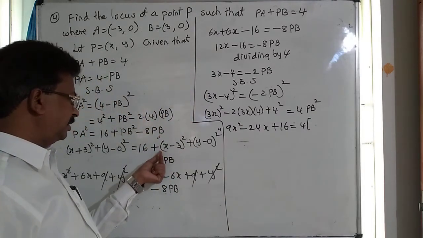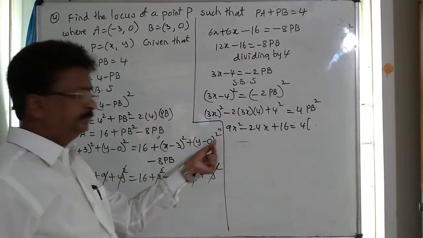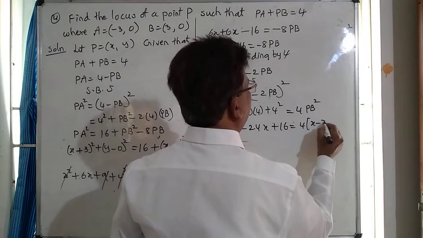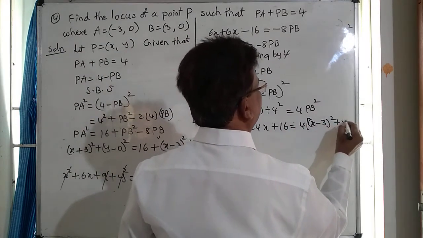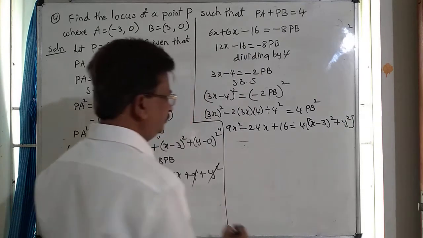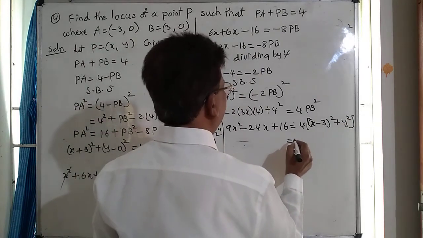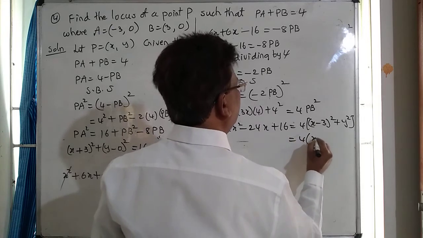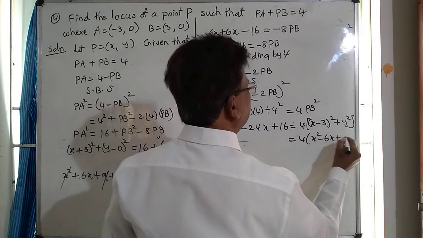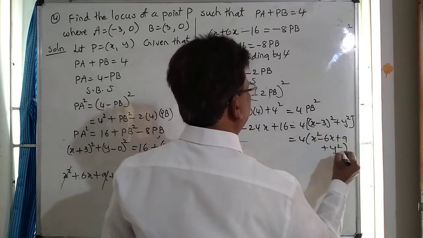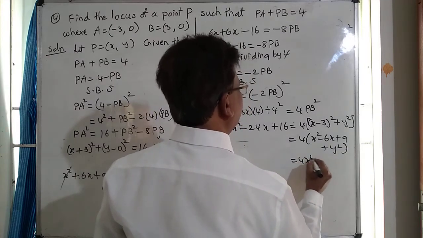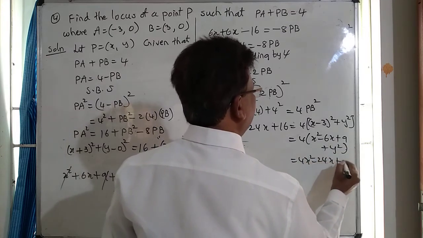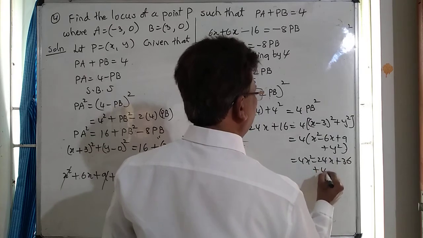You can see here, this is PB square value: x minus 3 whole square plus y square. Okay, now right side, we have to simplify the right side. 4 into x square minus 6x plus 9 plus y square. Multiplying, 4x square minus 24x plus 36 plus 4y square.